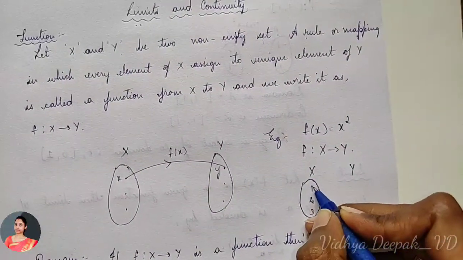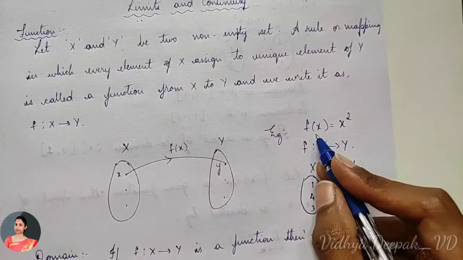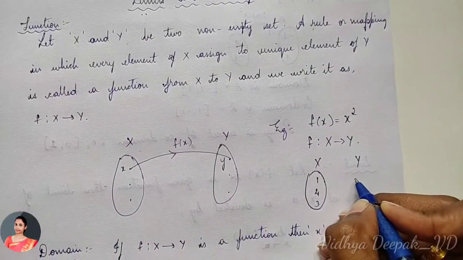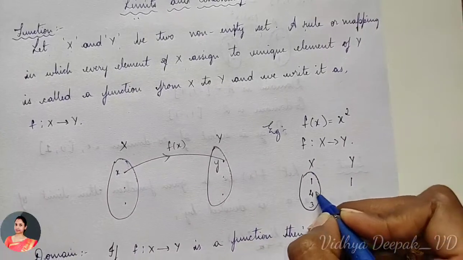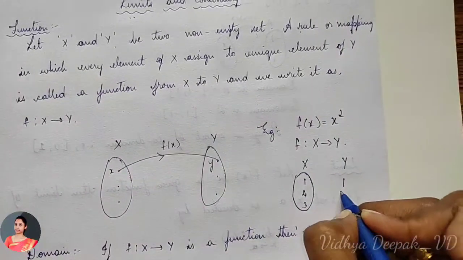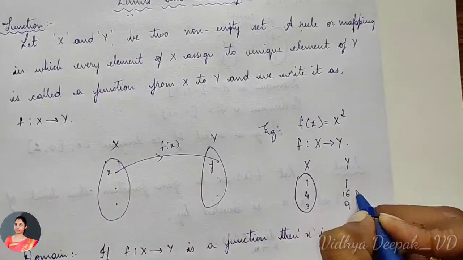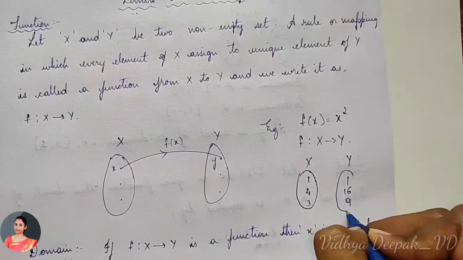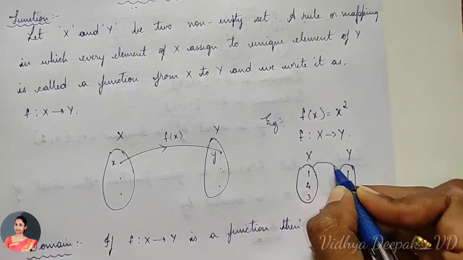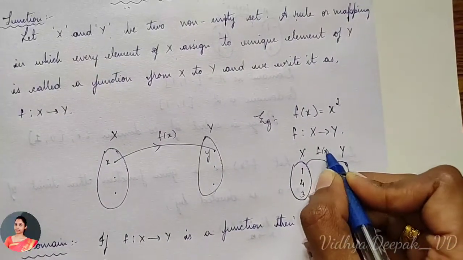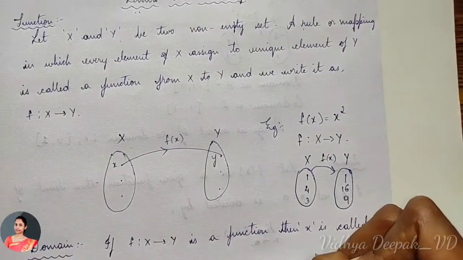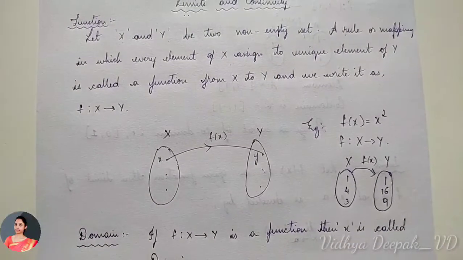The first element is 1. If you perform the operation f of x, 1 becomes 1 square, which is 1. 4 becomes 4 square, 4 fours are 16. 3 square is 9. So the elements of y will be 1, 16 and 9 after the mapping f of x is equal to x square. So clear, what is a function?